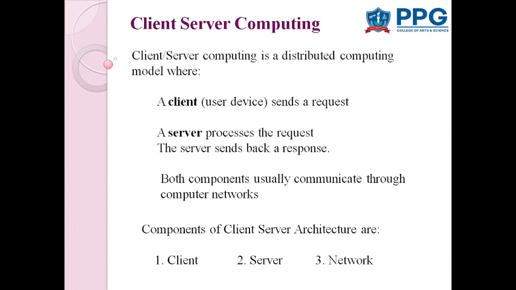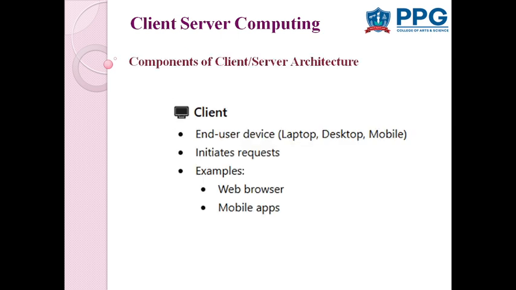There are three main components in client server architecture. First one client, second server, and third one is network. We will see one by one the components of client server architecture. Client. Client is usually a user device such as laptop or desktop or mobile phones. The client initiates request to the server.